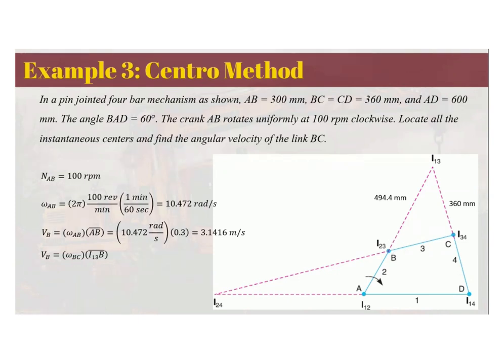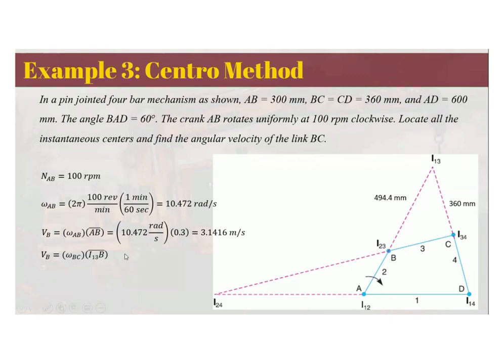It's also the reason why the analytical approach is more complicated than the graphical approach, because when you draw this on paper, all you have to do is use a ruler to measure this particular length. In the analytical approach, you just use trigonometry. So the distance is 494.4.